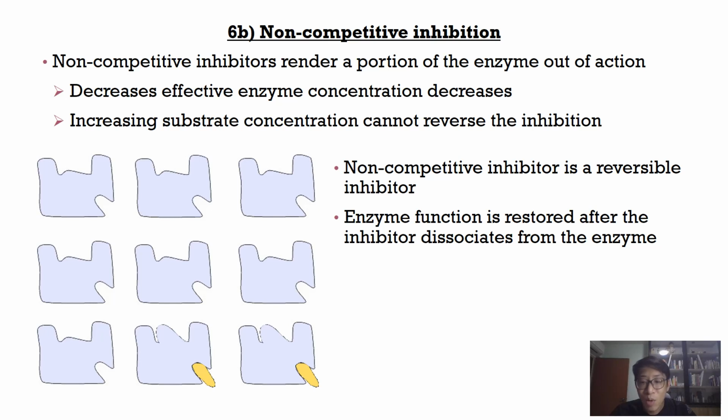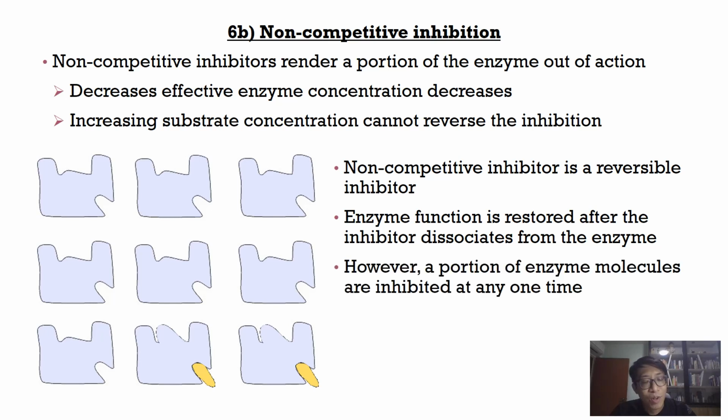At any one time, 2 molecules of enzymes are bound and therefore inhibited by the 2 non-competitive inhibitor molecules in this example, which means at any one time a portion of the enzyme molecules are inhibited. A portion of the enzyme molecules is rendered out of action by the non-competitive inhibitors.